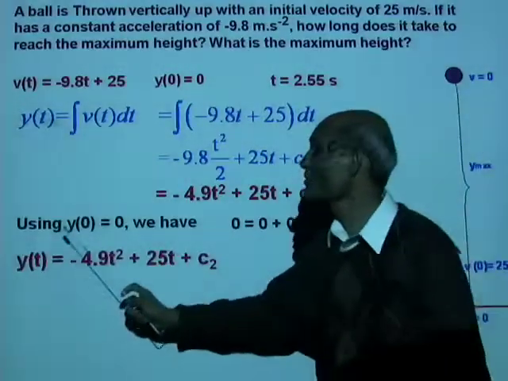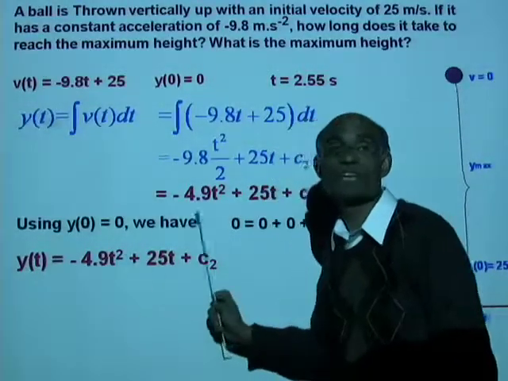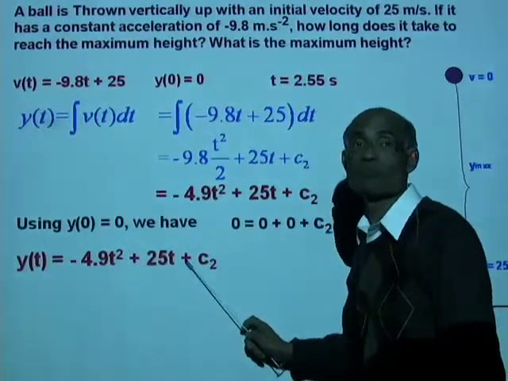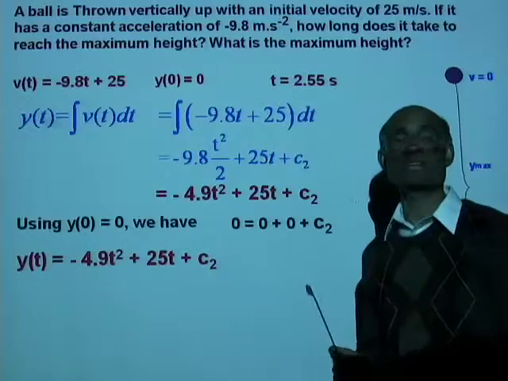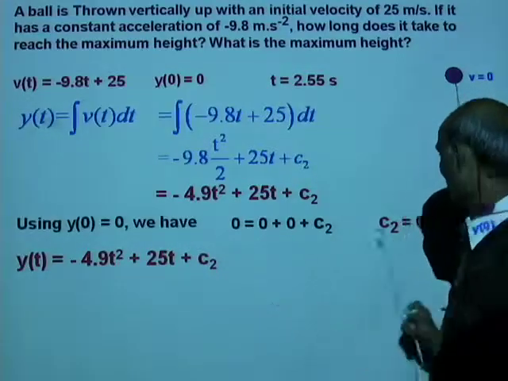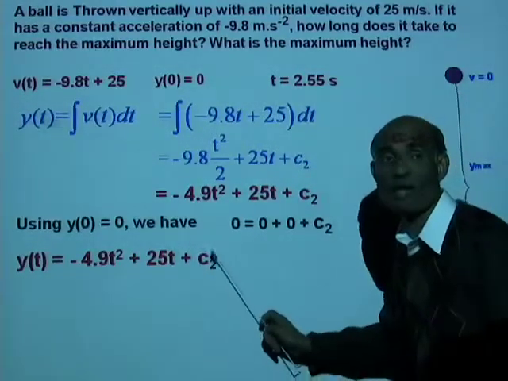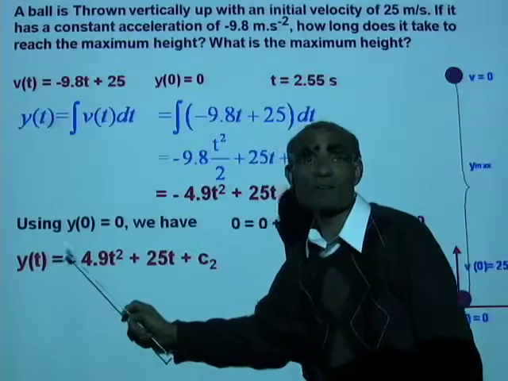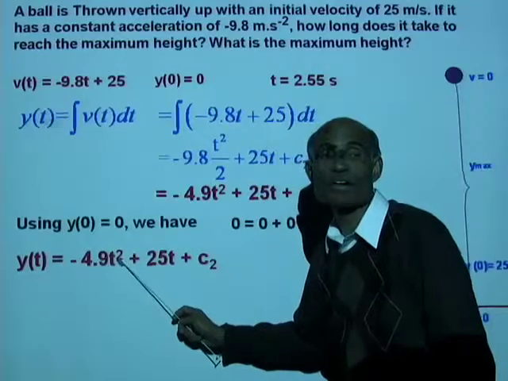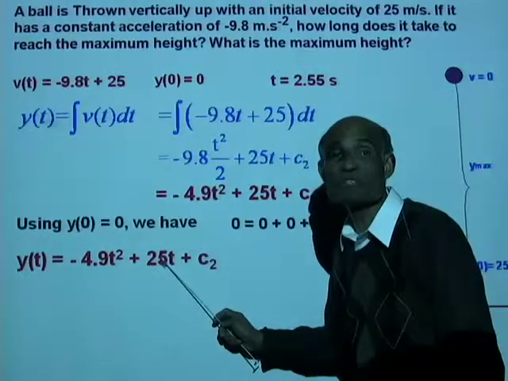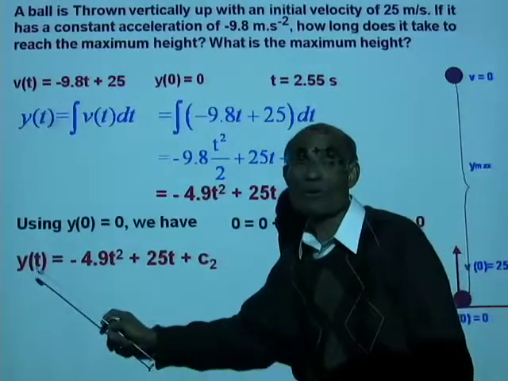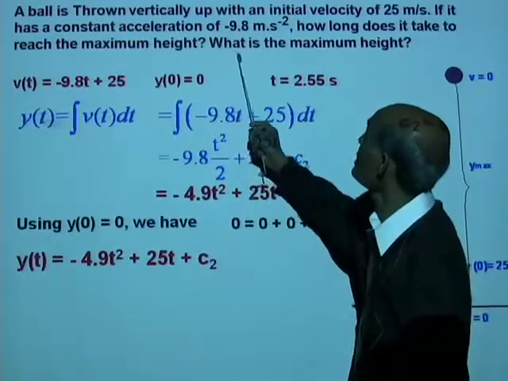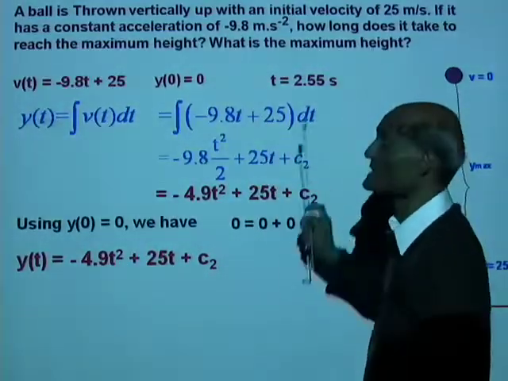Therefore, what is our position function? Our position function, therefore, is y of t equal to negative 4.9 t squared plus 25t plus c2. Oh, well, c2 is 0, so this is not there. All right, just cut it off. Our position function is y of t is negative 4.9 t squared plus 25t. And now, once you know the position function, what we need to find is what is the maximum height.